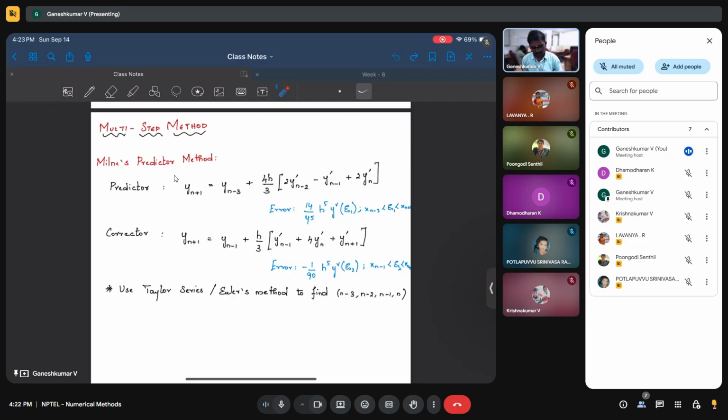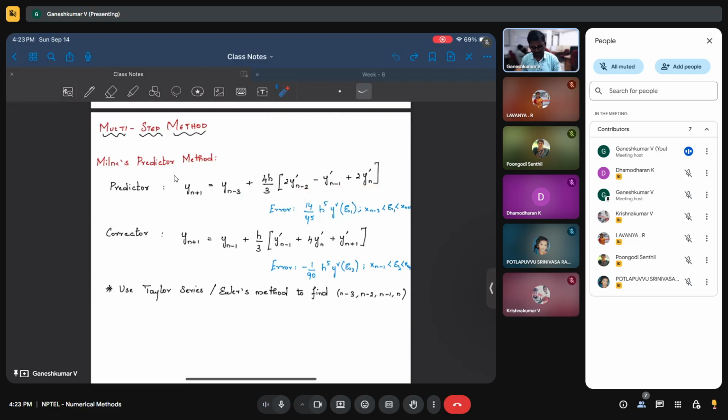So these are multi-step methods. Whatever step values I have, I use them for my benefit, to get a more accurate solution. So in this case, to get y at n plus 1, I can use n minus 3, n minus 2, n minus 1, and n.